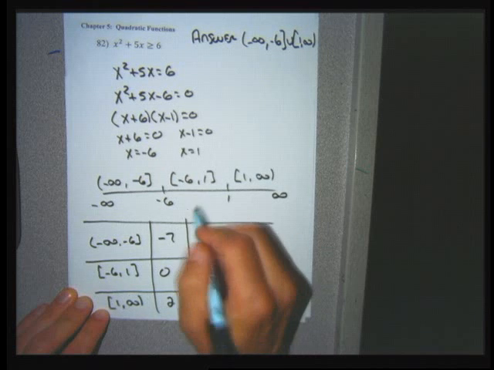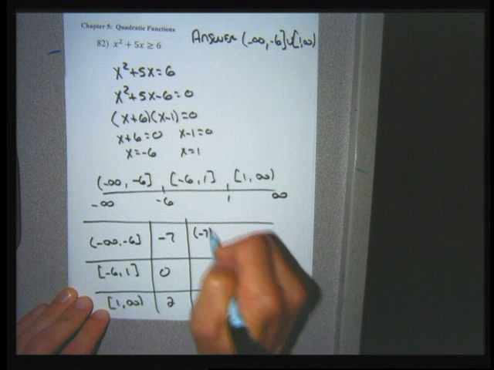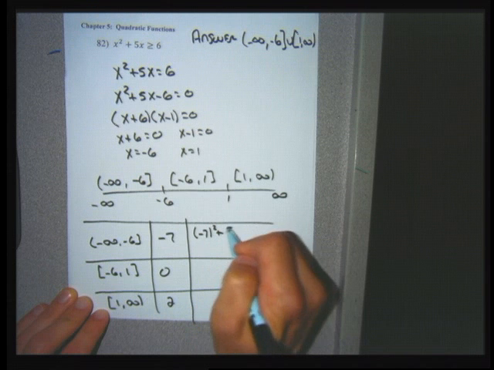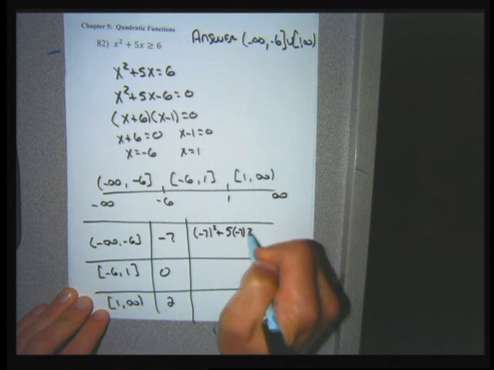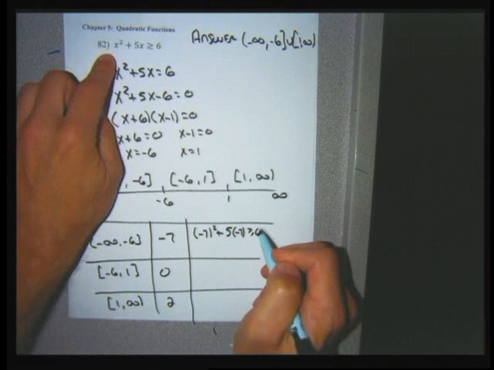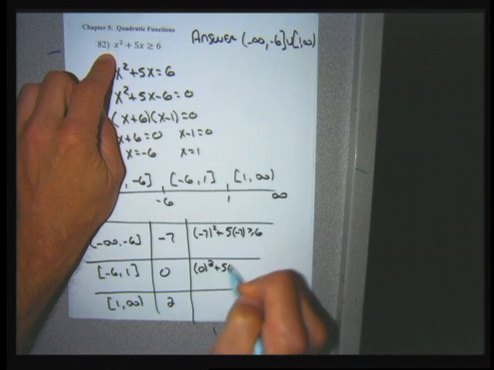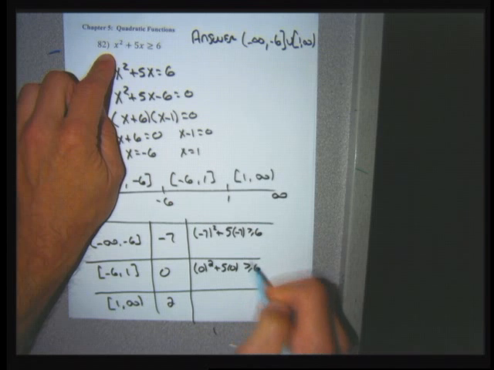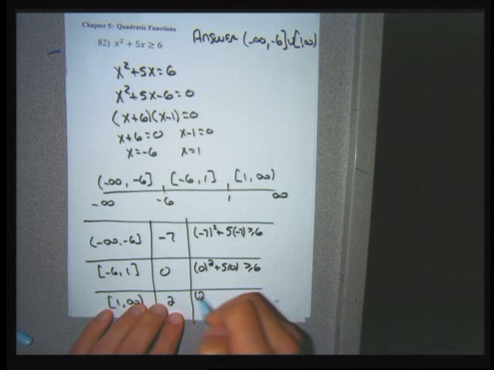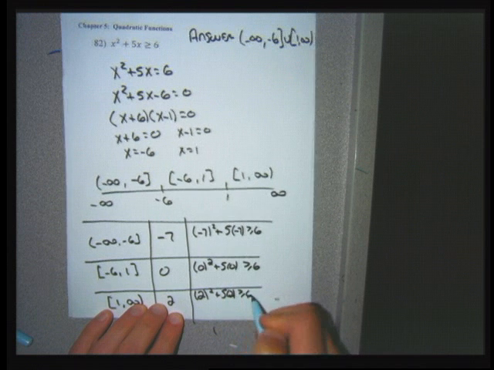And I'm going to go, is negative 7 squared plus 5 times negative 7 greater than or equal to 6, by going to my original problem. And then is 0 squared plus 5 times 0 greater than or equal to 6. And then is 2 squared plus 5 times 2 greater than or equal to 6.